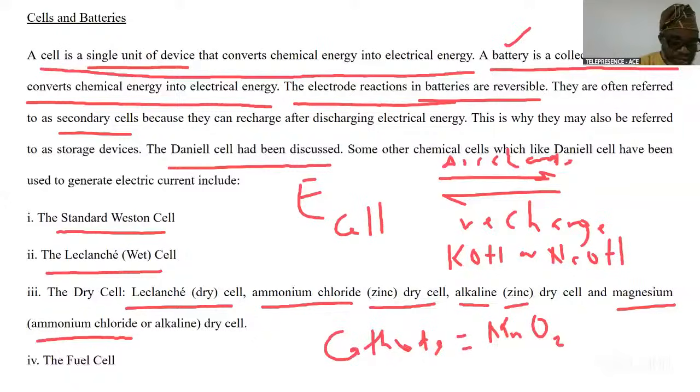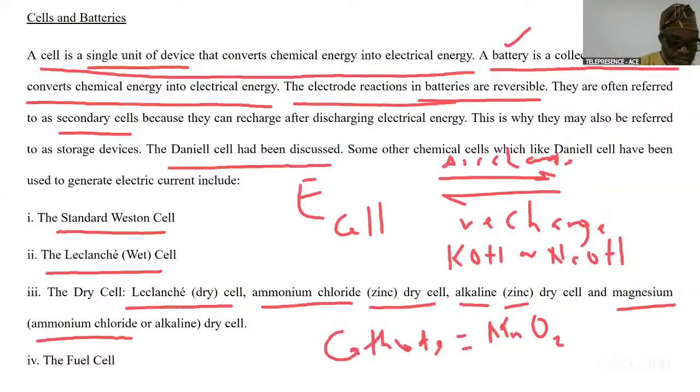The manganese(IV) oxide is a depolarizer, because around this place you could have hydrogen, which would not let the cell operate with high efficiency. So the manganese(IV) oxide helps to convert the hydrogen gas around the cathode to water. You also have a porous pot, which houses the carbon.